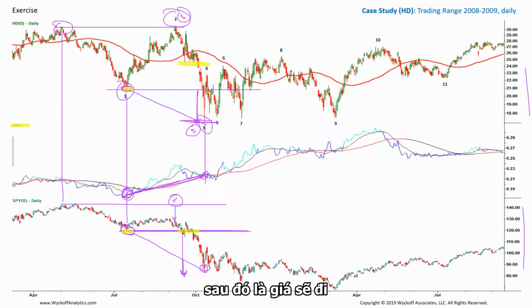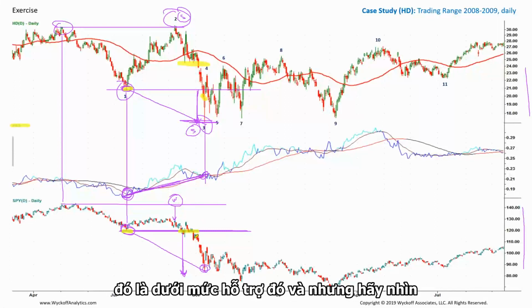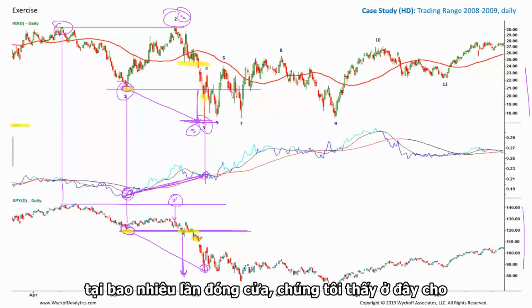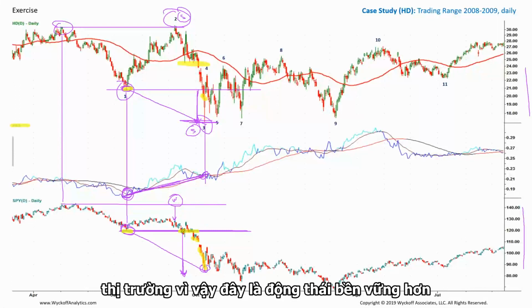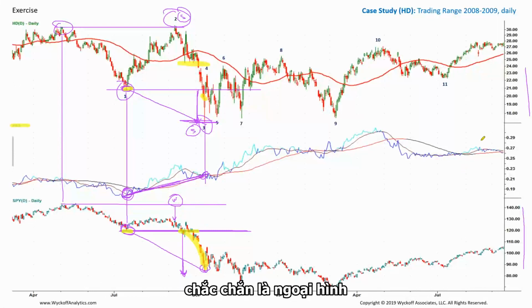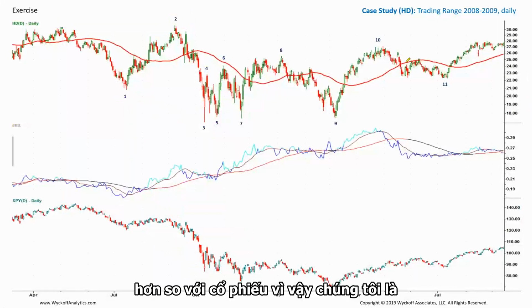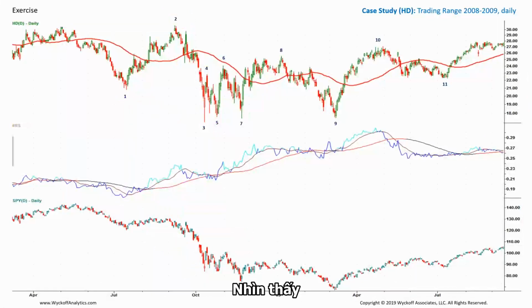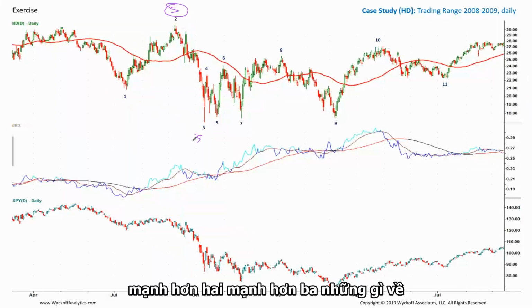Then as the price starts going below the support for the stock, we see two closes that are below that support, and yet look at how many closes we see here for the market. So this is more sustainable move to the downside for the market. Definitely looks weaker than the stock. So we are seeing a situation where the stock is stronger at 2, stronger at 3.